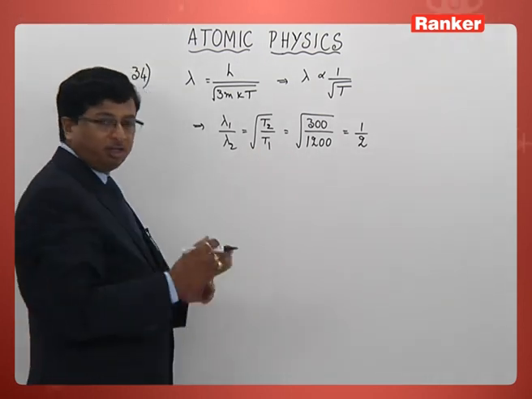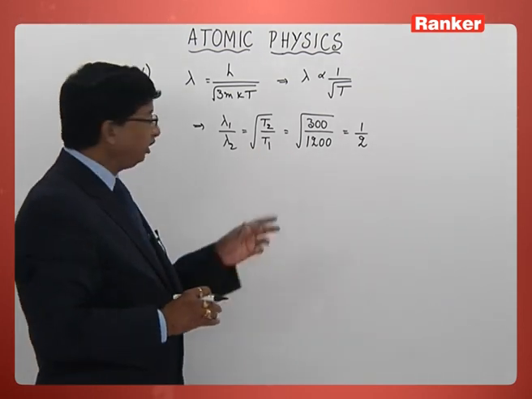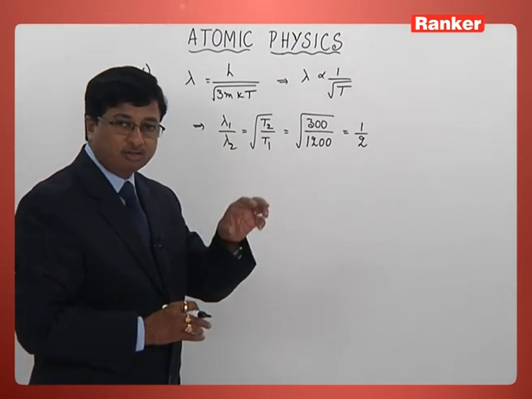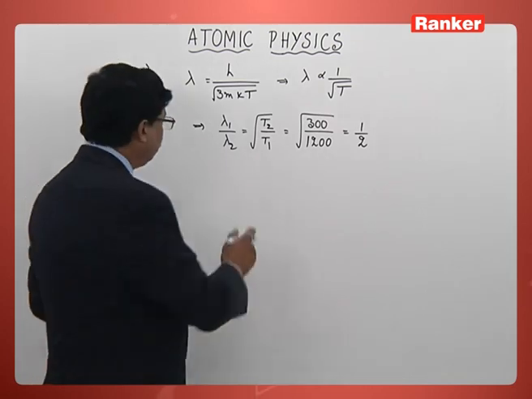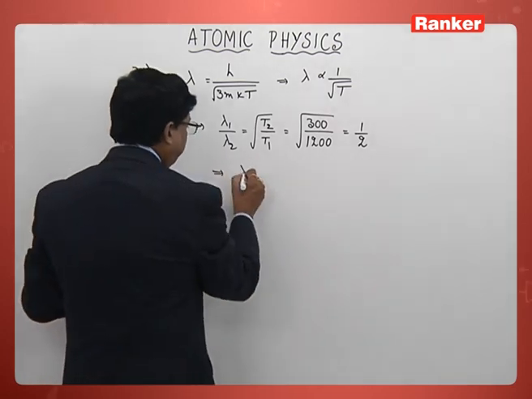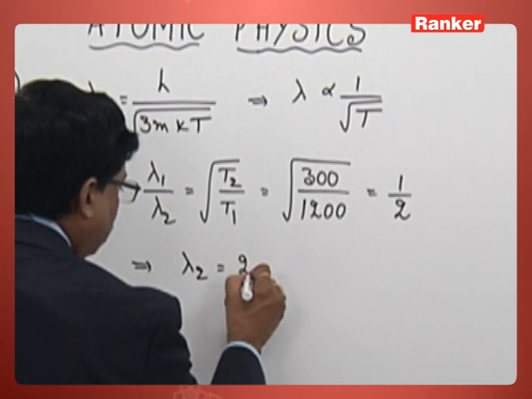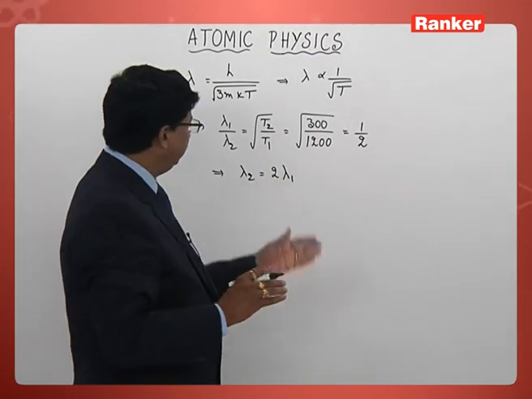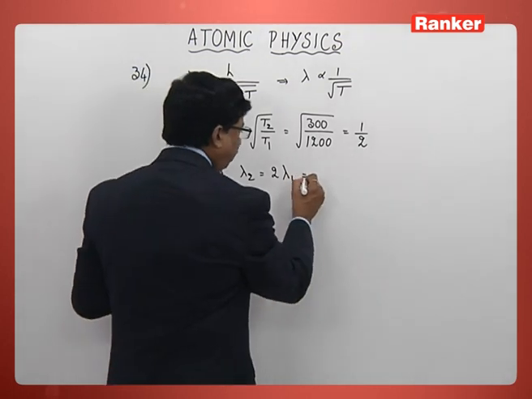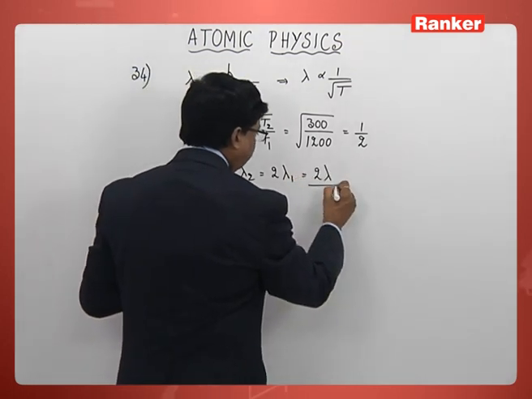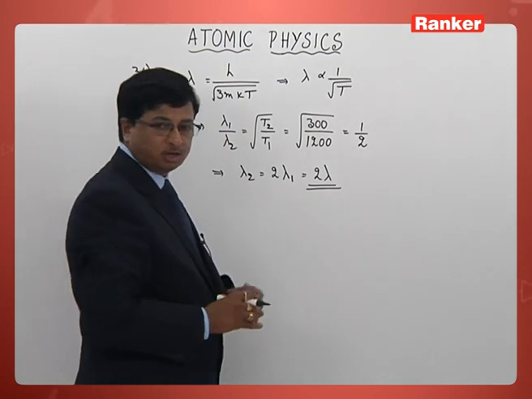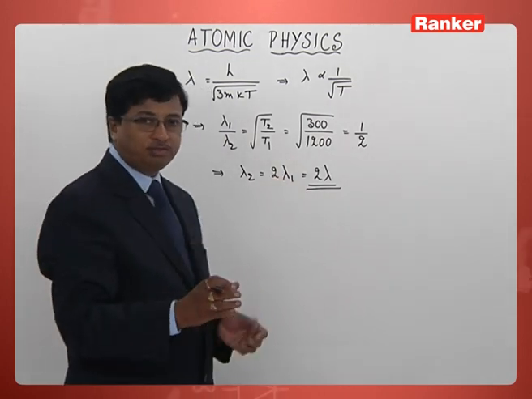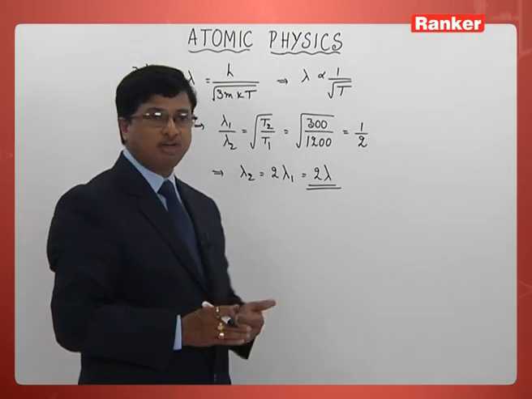Then the question is asking for the wavelength at 300 Kelvin, that is 27 degrees centigrade. So lambda 2 is twice lambda 1. But lambda 1 in this problem is already given as lambda. Therefore, this becomes 2 lambda. So the correct answer is 2 lambda, which is the third option.